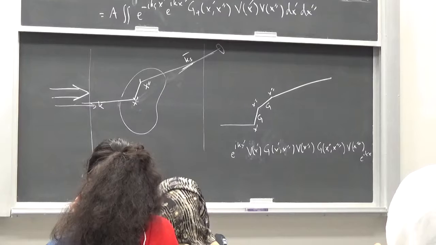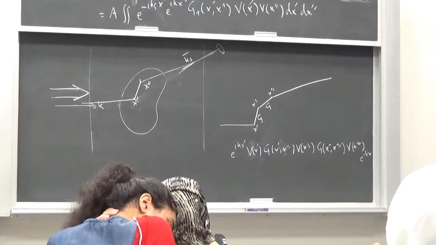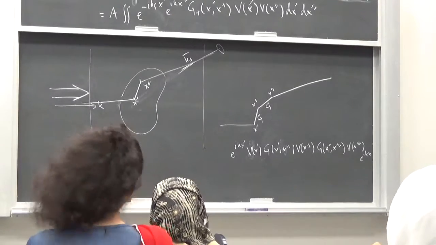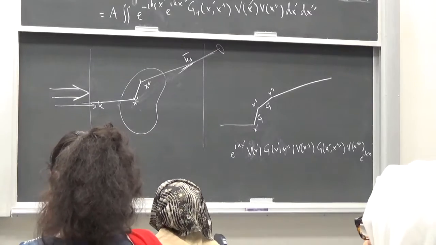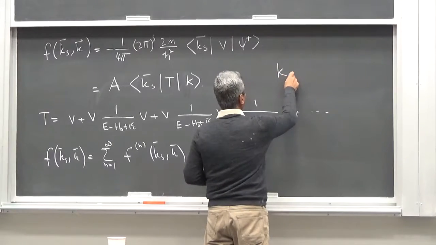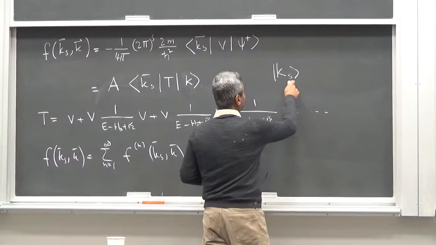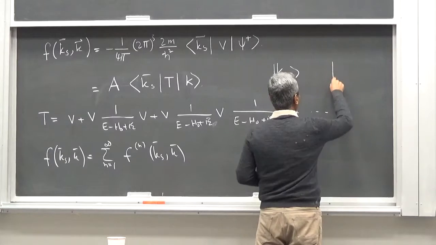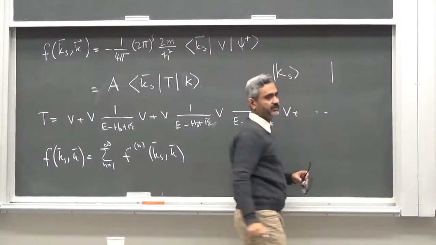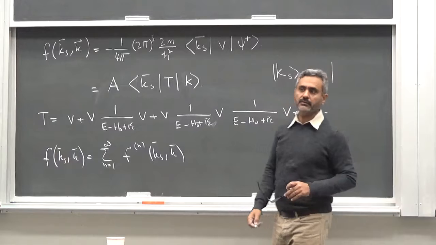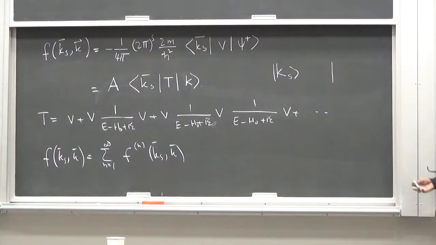So, sometimes it is necessary to, especially when you have spherical symmetry, right? So instead of talking about these things, you want to talk about spherically symmetric states. For example, especially if you're interested in the scattering of different L states, right?